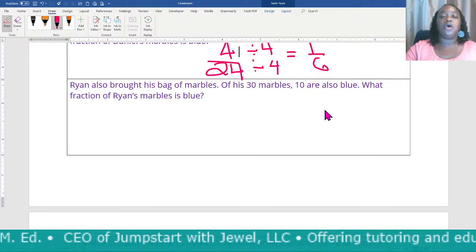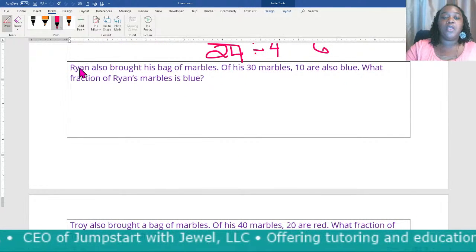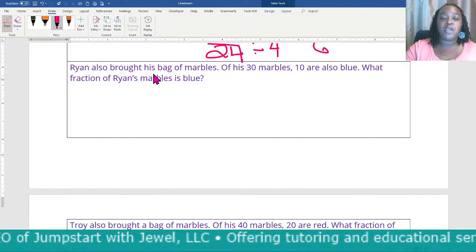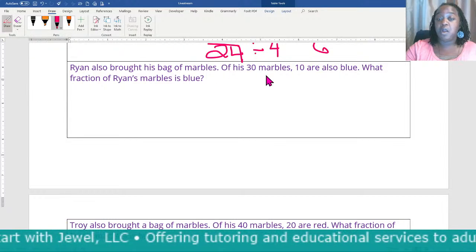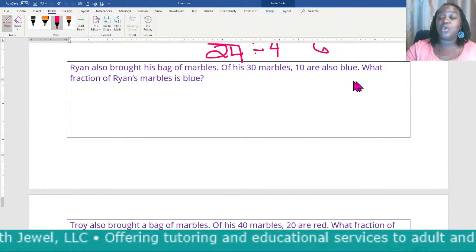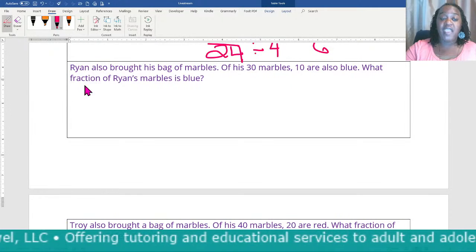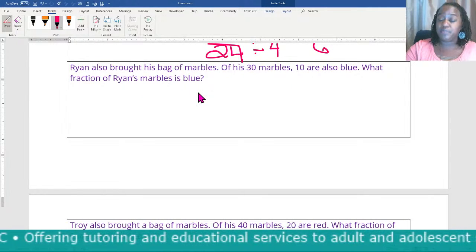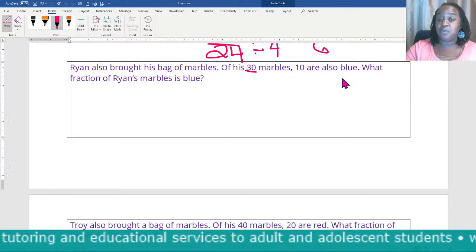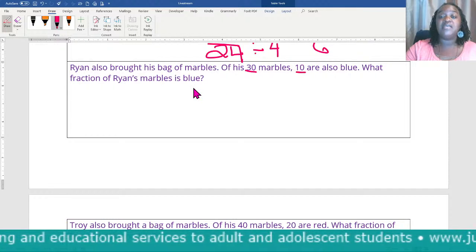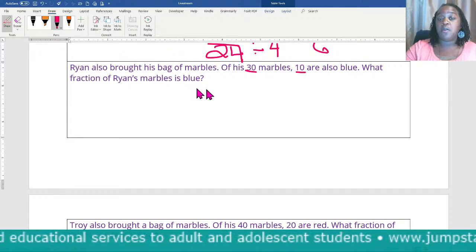Okay, so number 2. Ryan also brought his bag of marbles. Of his 30 marbles, 10 are also blue. What fraction of Ryan's marbles is blue? So here we go again. It's telling us right then and there, of his 30 marbles, so he has 30 in all, 10 of them are blue.